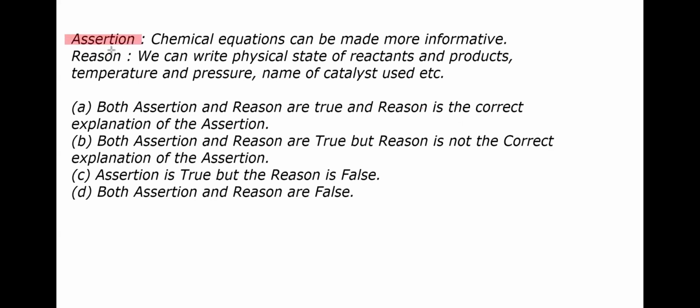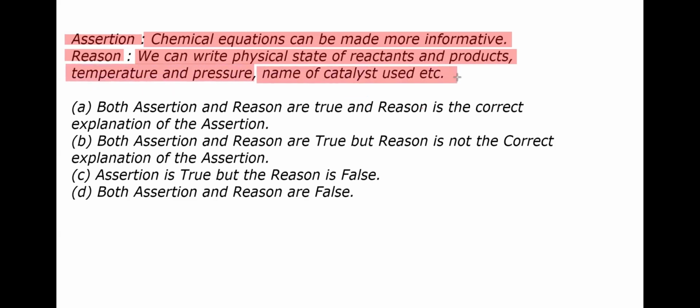Now, in this assertion reason based question, it says chemical equation can be made more informative, and the reason says we can write physical states of the reactants and products, including temperature, pressure, conditions, and naming the catalyst used. But before choosing the correct option, let's write our reaction over here: water, which is liquid, when electricity is passed through it, splits into hydrogen and oxygen.